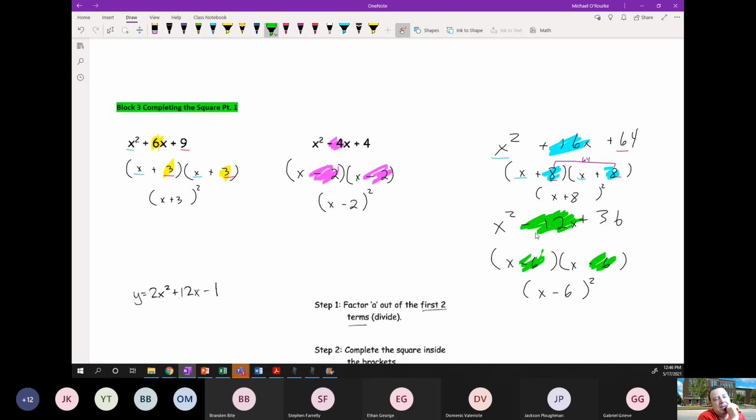Does that make sense to everyone? Like, for example, for this one, 6 divided by 2 equals 3, right? And 3 squared equals 9. So that number's right there, right?